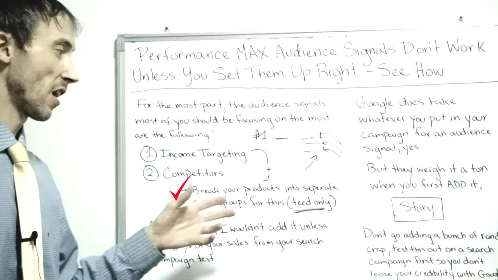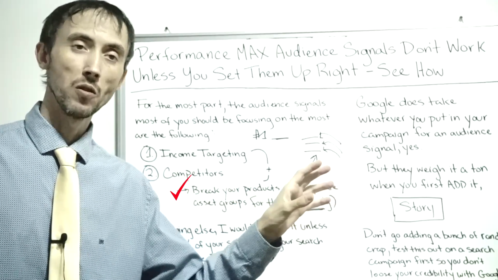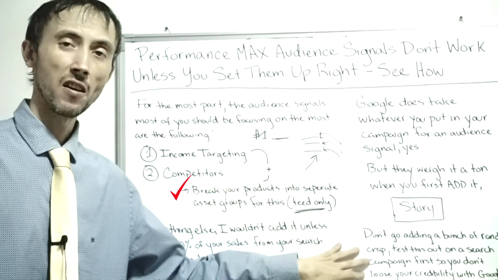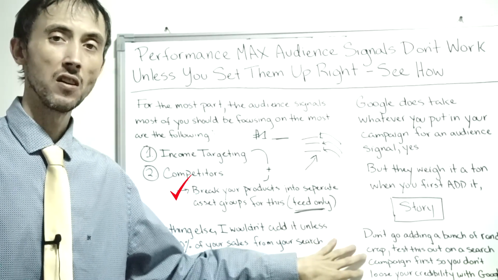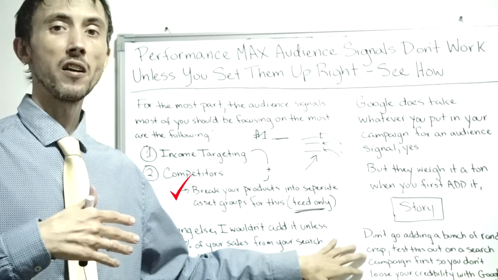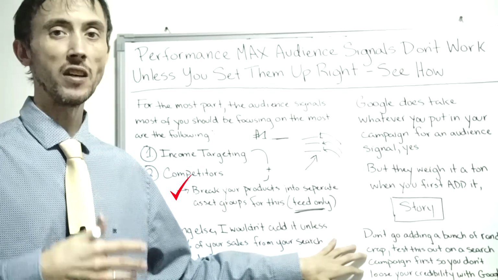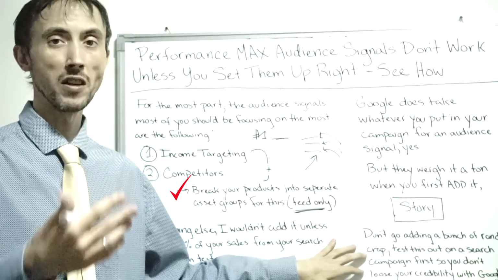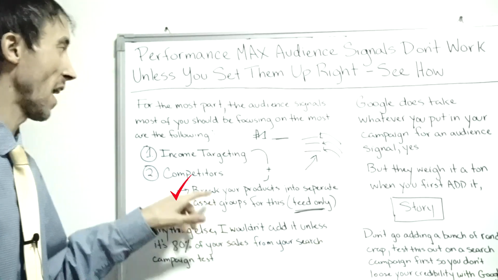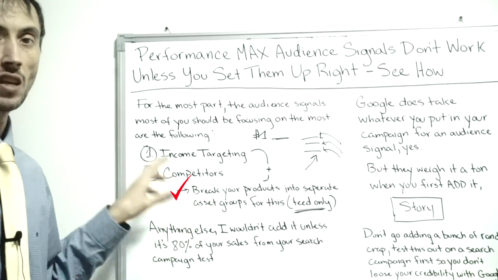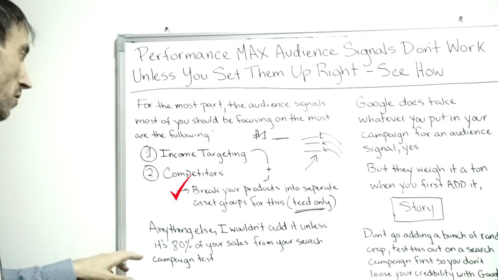Then anything there that matches up, put it into a search campaign, run it for a while, and see if any one of those individual data points has 80% of your customers falling into it. Then use that as your audience signals in your PMAX campaigns.